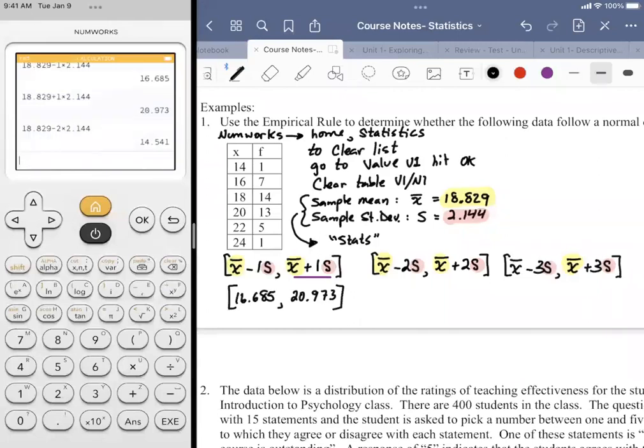So my low bound is going to be 14.541. Just go up, change the minus to a plus, and I get my upper bound, 23.117.